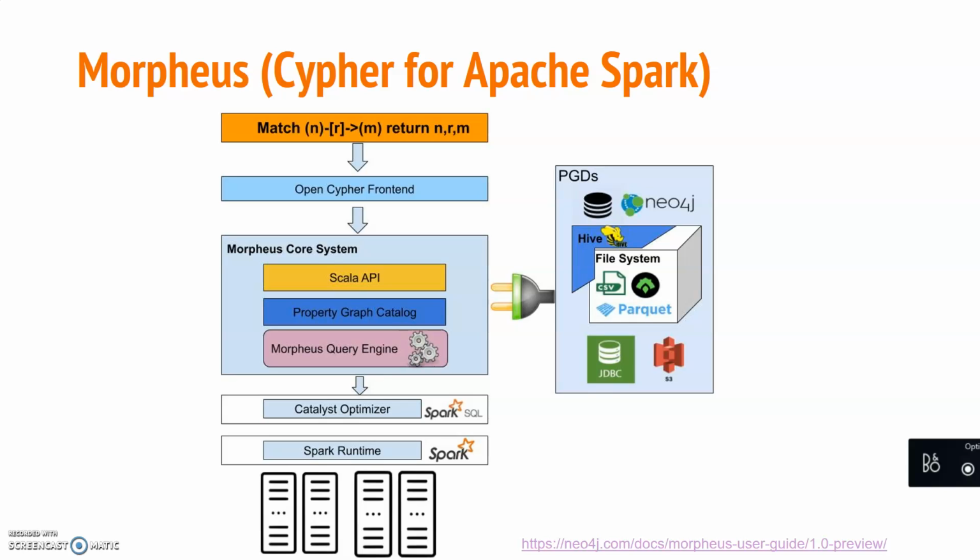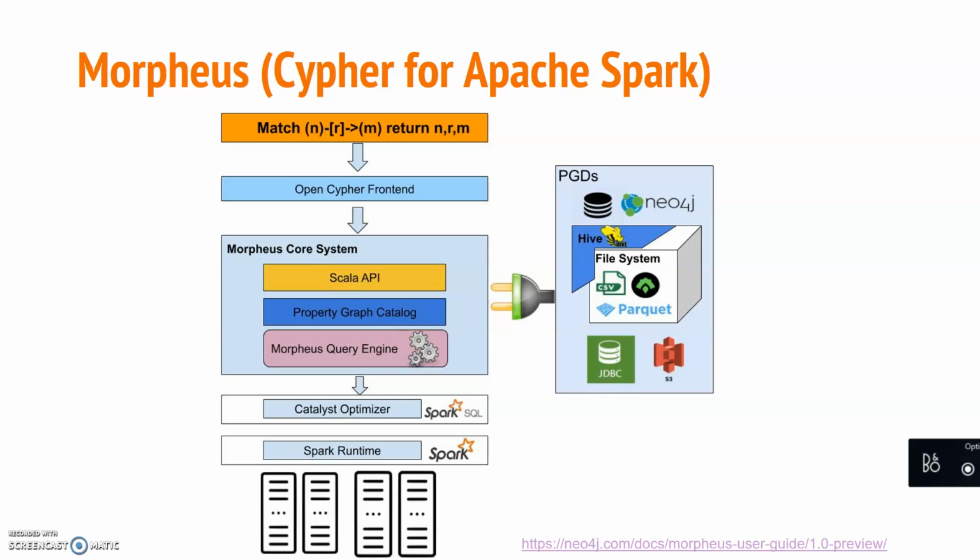And recently, Neo4j has developed a promising framework called Morpheus, or Cypher for Apache Spark, which aims to extend Apache Spark, the de facto distributed large data processing framework, with the capabilities of the graph query language Cypher. Actually, Cypher is the industry's most widely used property graph query language, defined and maintained by the openCypher community.